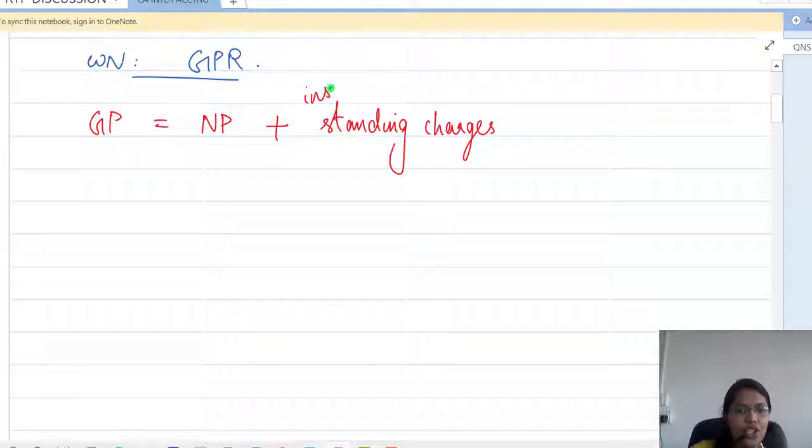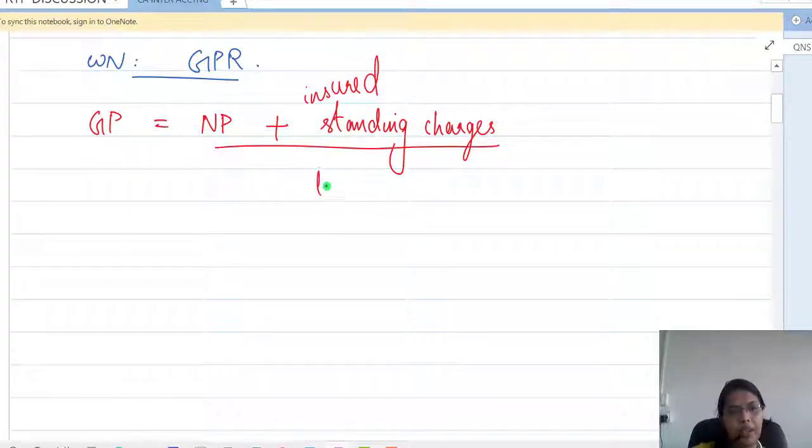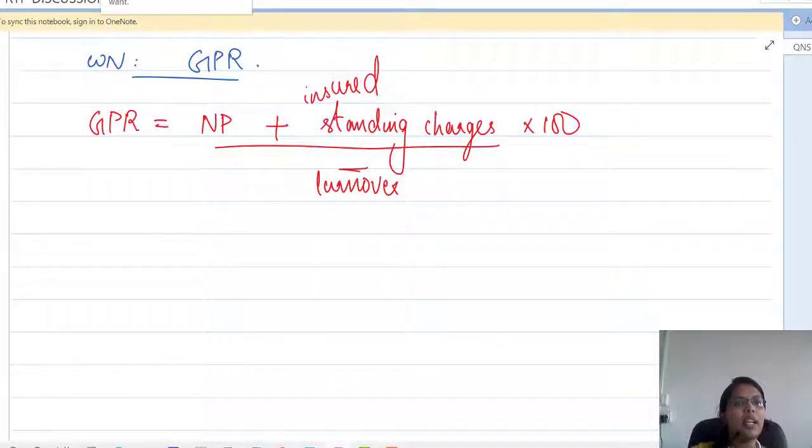GPR is that divided by turnover into 100. So that is GPR that we have learned as part of claim computation under loss of profit policy.